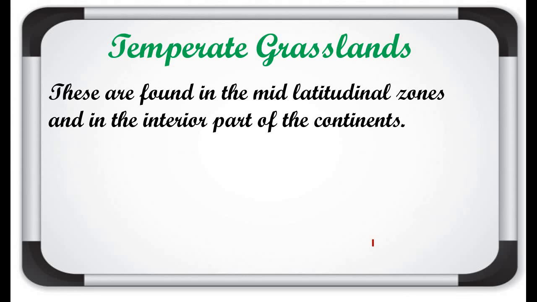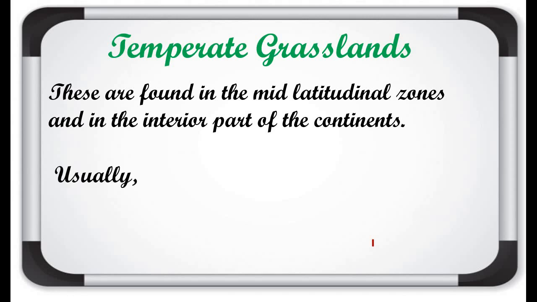The temperate zone is the area which lies between the Tropic of Cancer and the Arctic Circle in the northern hemisphere, and the Tropic of Capricorn and Antarctic Circle in the southern hemisphere. They are found in the internal parts of the continents.